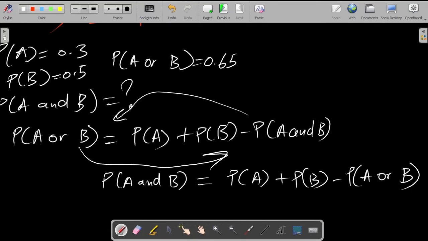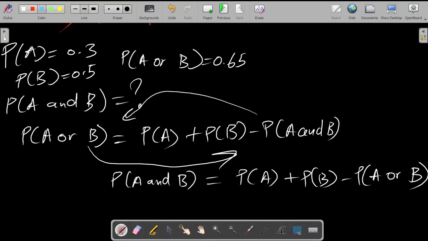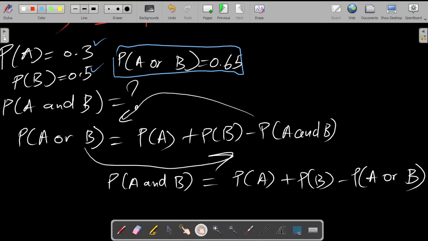And once again, we have all these values given to us in the question: probability of A, probability of B, and probability of A or B. We have all of that, and we can just substitute. So the probability of A given to us is 0.3, probability of B is 0.5, and we're going to subtract this value.